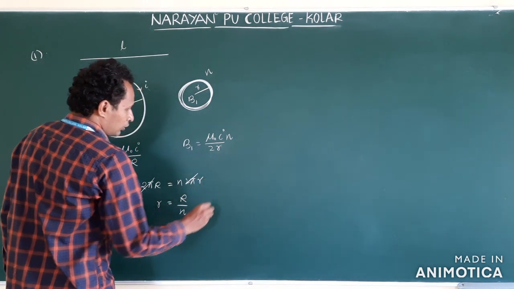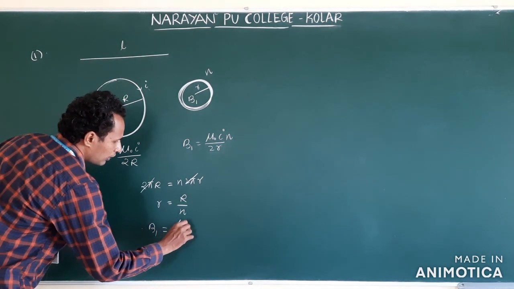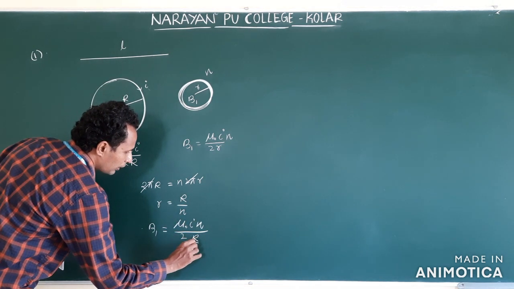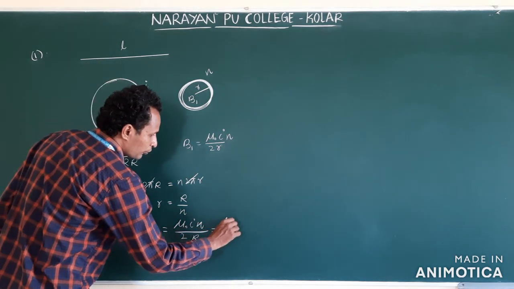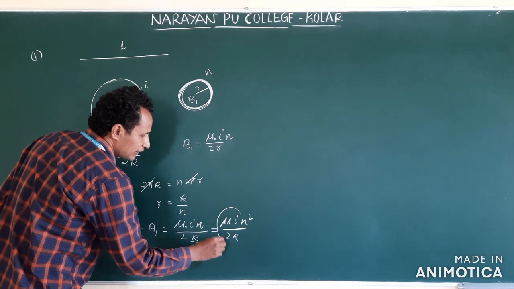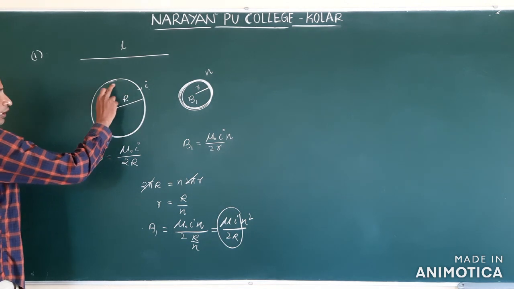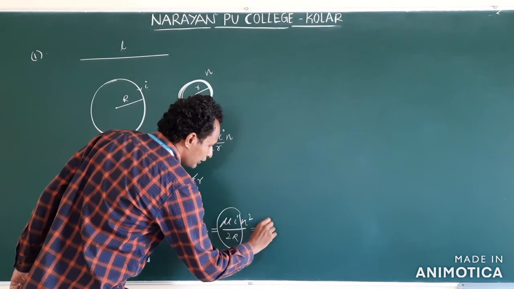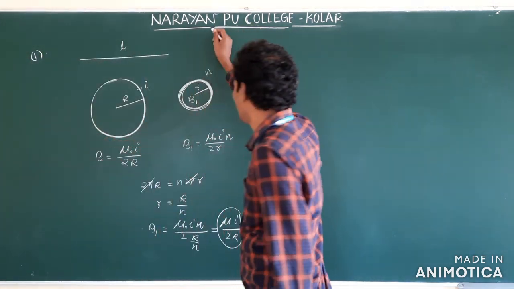Now the answer will become B1 is equal to mu naught I n by 2 into r by n. This is equal to, n goes up, n into n square, mu naught I n square by 2r. But what is this mu naught I by 2r? It is the magnetic field at the center of a single coil, B. So then we write this as n square B. So the general formula, how do we remember?